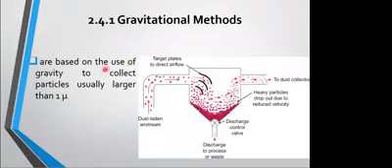So this is what we use, gravitational. These are based on the use of gravity to collect particles usually larger than 1 micron. So basically, the equipment you have for air quality usually absorbs from the air through gravitational means, in which it absorbs the air and then filters the particulate matter it received.